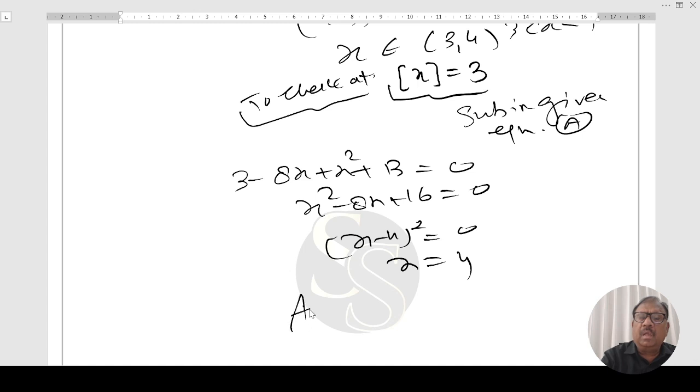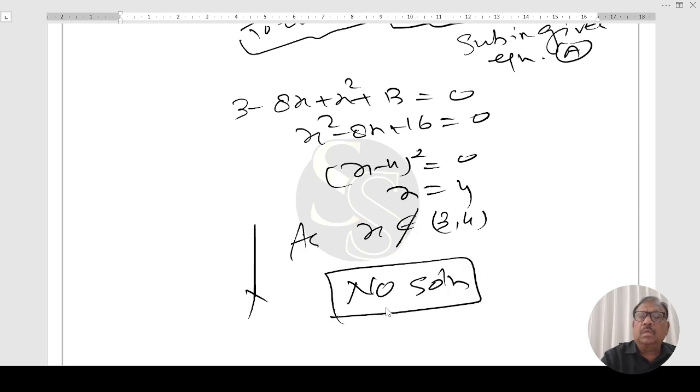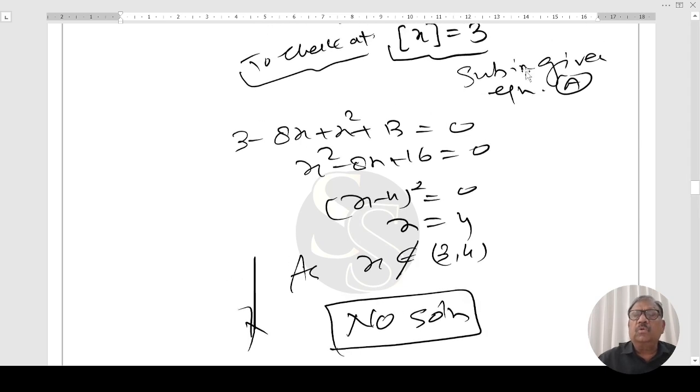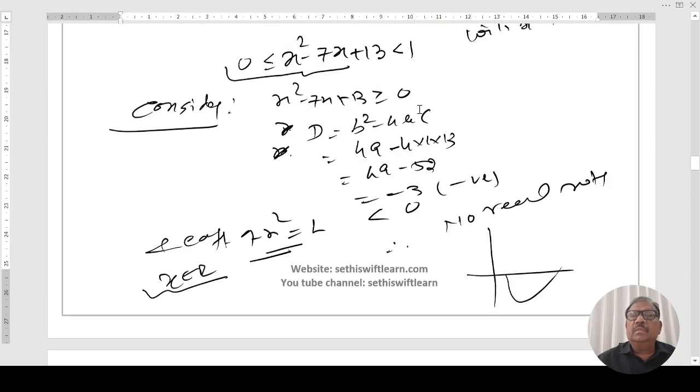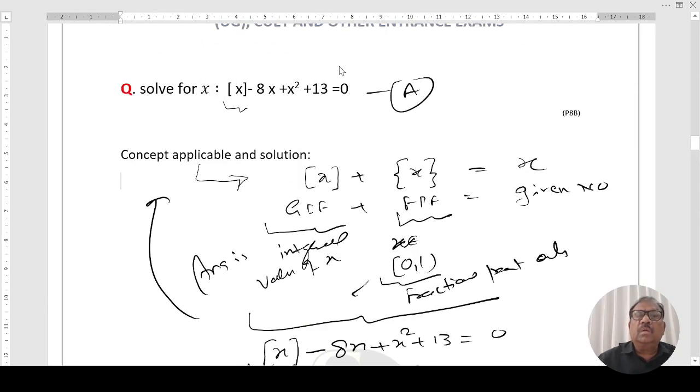Therefore, as x does not belong to (3, 4), therefore no solution. No solution is the answer. So the concept applicable was greatest integer function plus fractional part function.